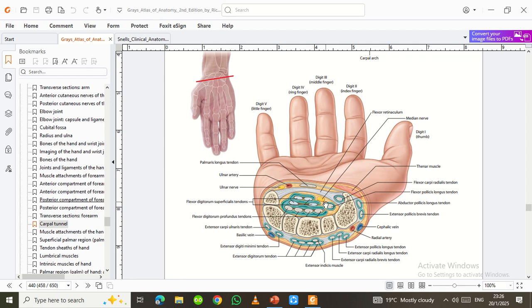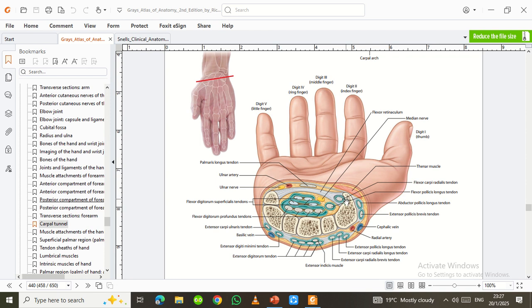Compression of the median nerve deep to the flexor retinaculum will result in carpal tunnel syndrome. You should take note of that one. We also include the flexor carpi radialis tendon as a structure that is deep to the flexor retinaculum. Take note of it. Though it is in its separate compartment, it is also involved.